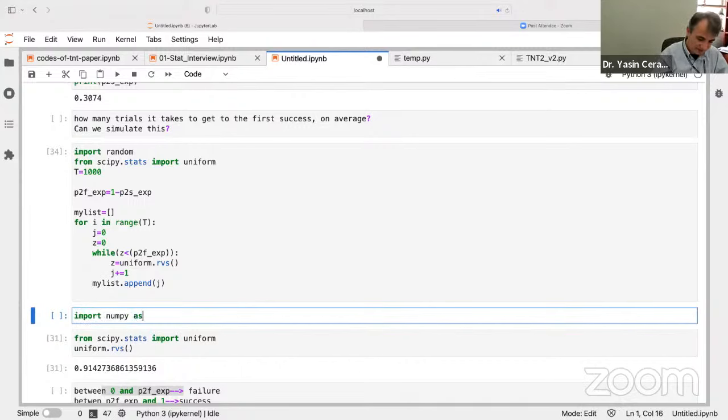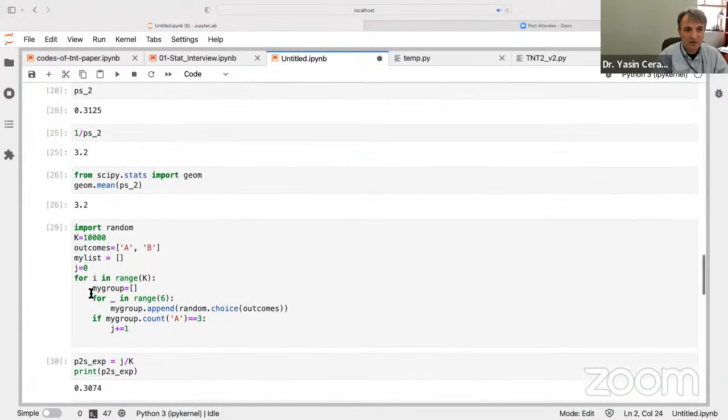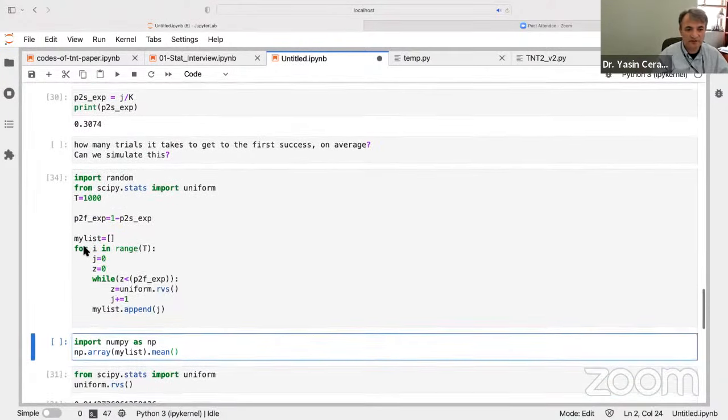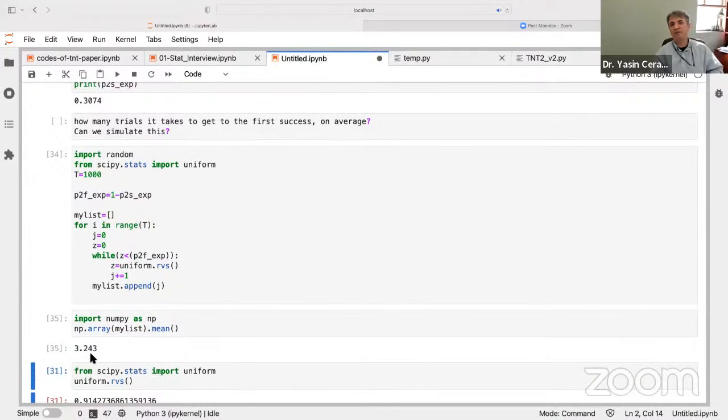I will turn my list into an array and take the mean, hoping that I get a similar result. What was the result? 3.2. Let's see. 3.2. Okay, so this concludes the simulation for the second problem.